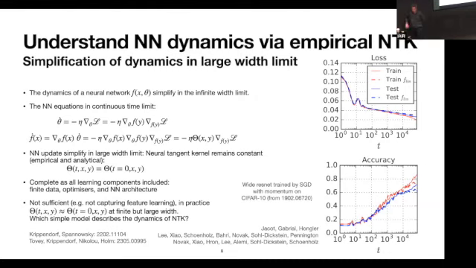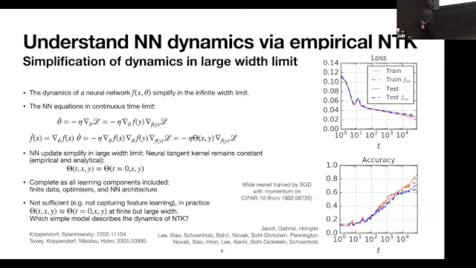If you look at the function f dot, the update of your neural network, you can rewrite it by just using the chain rule, and you get this object capital Theta, which is the empirical neural tangent kernel. As you can see, this is an n by n matrix, where n is the number of data points that you use to evaluate this.